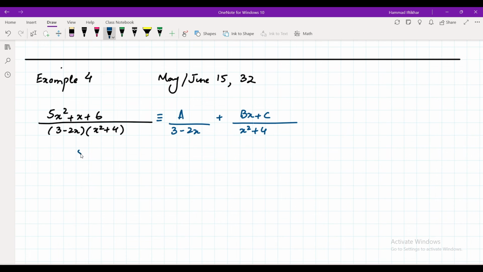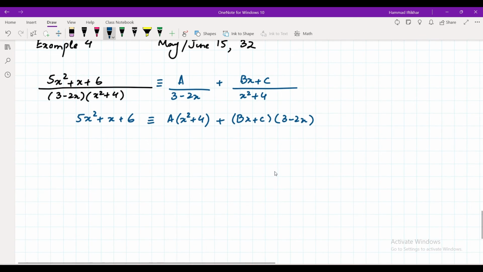Now, when we take denominators the same on both sides, this would become a times x squared plus 4 and plus bx plus c times 3 minus 2x.